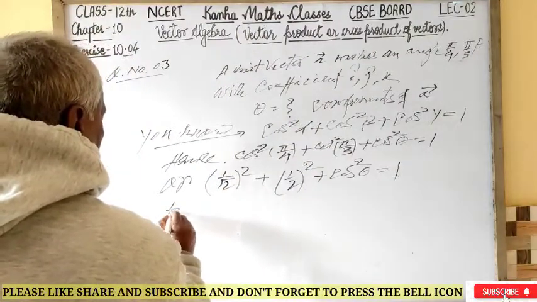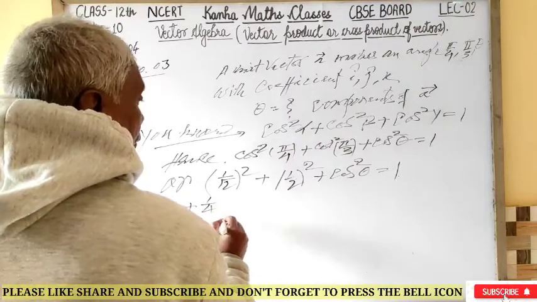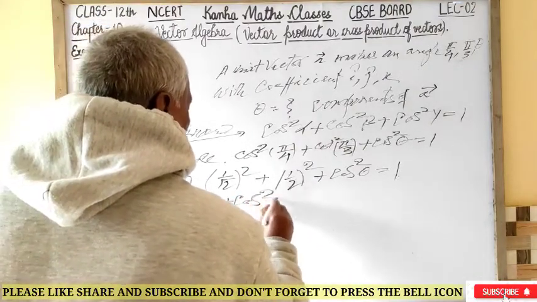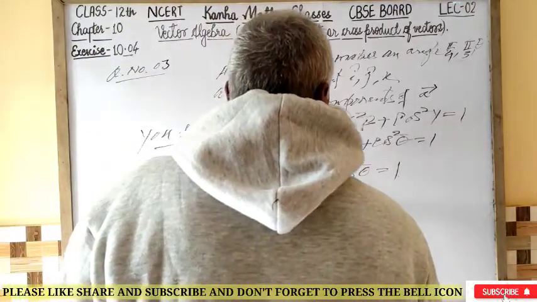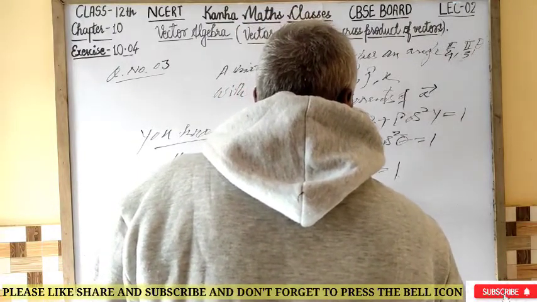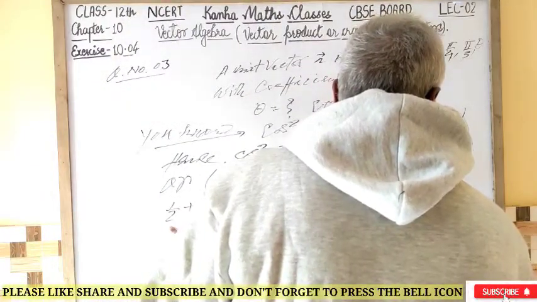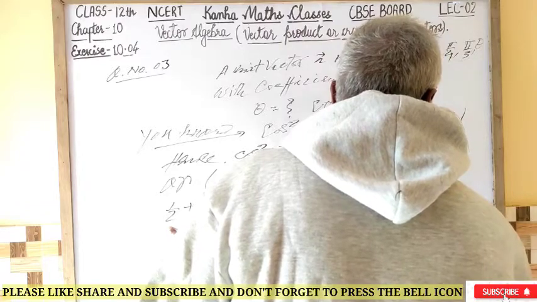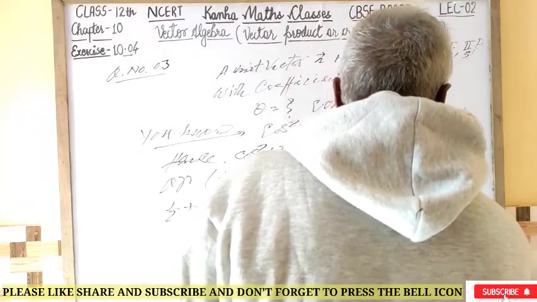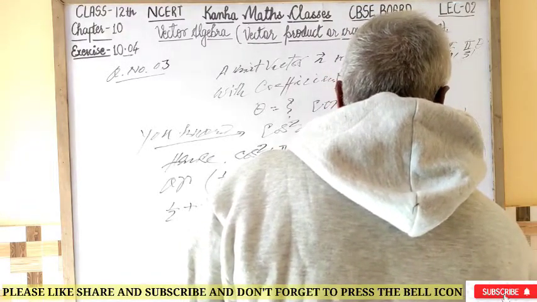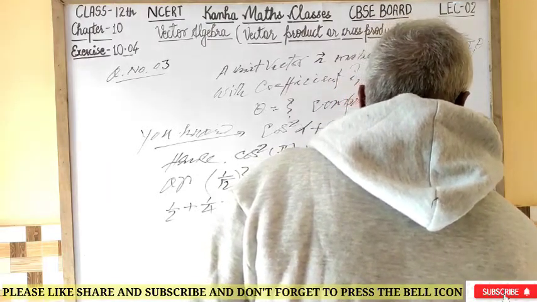Here you will get 1 by 2, and the square of 1 by 2 will be equal to 1 by 4, plus cos square theta is equal to 1, which implies that cos square theta is equal to 1 minus 1 by 2 minus 1 by 4, that is 4 minus 2 minus 1, this is 1 by 4.